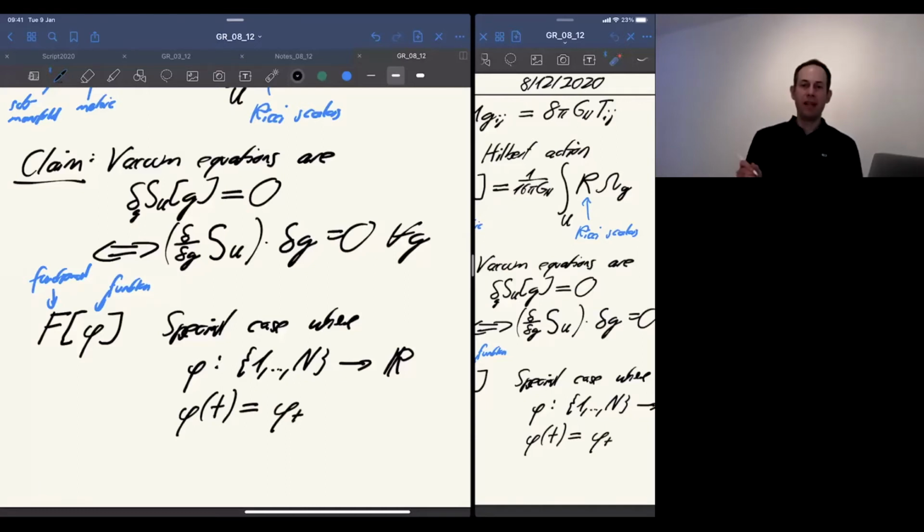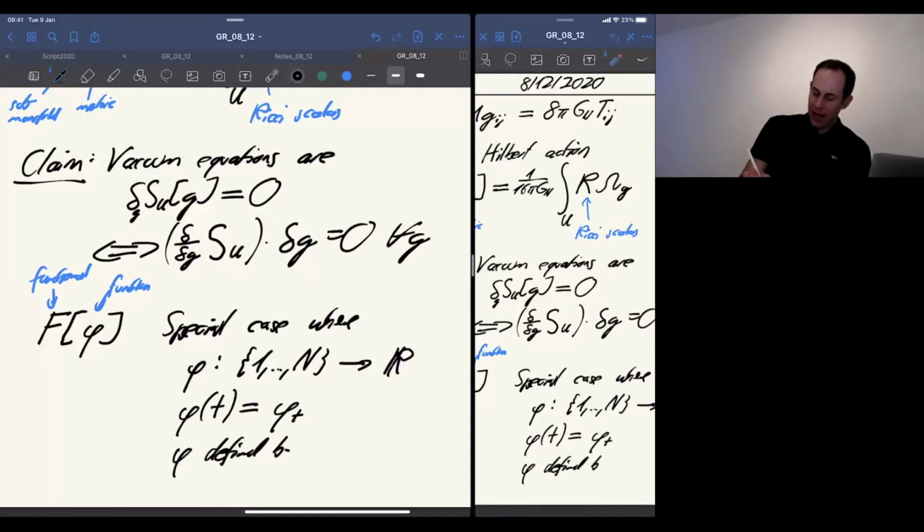And indeed, that makes sense because you can just think of the function as a vector or as an n-tuple. So the function is completely defined by, or really equivalent to, the tuple phi_1 until phi_n.